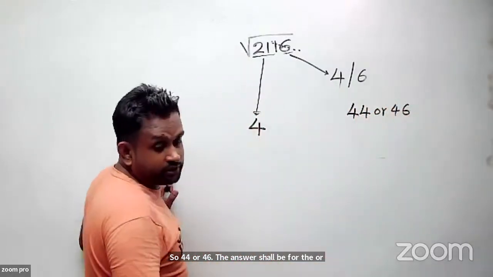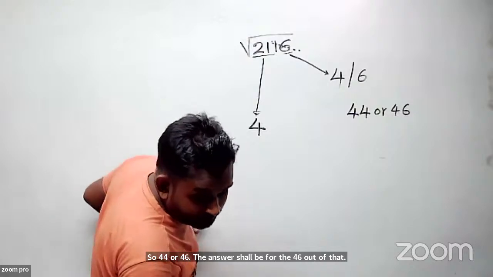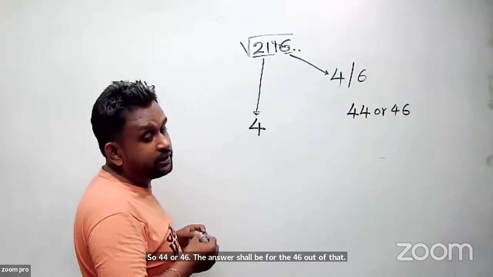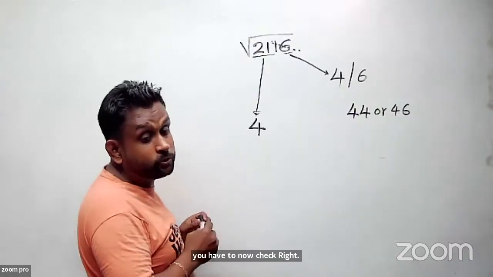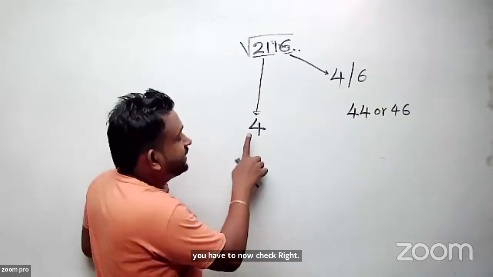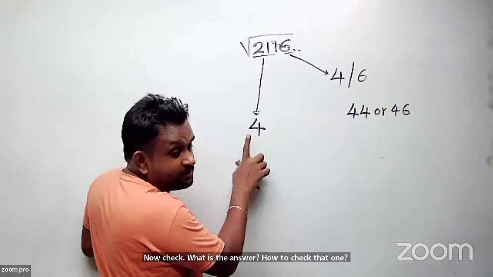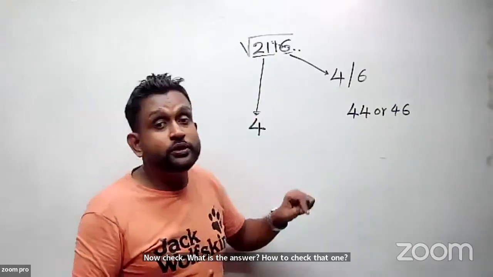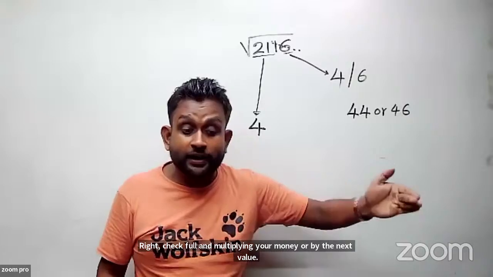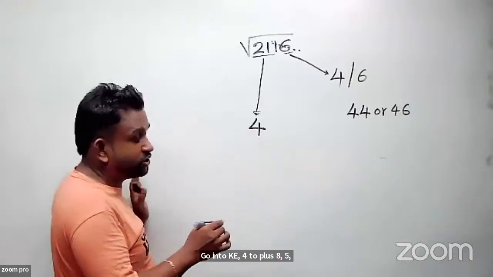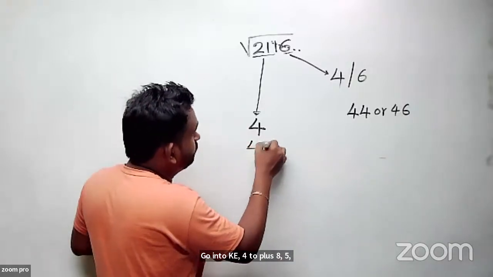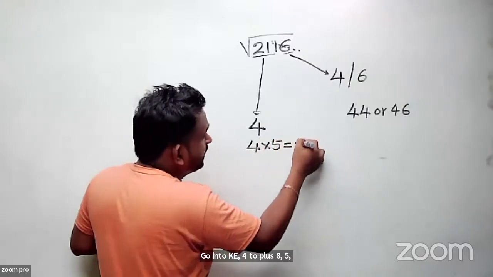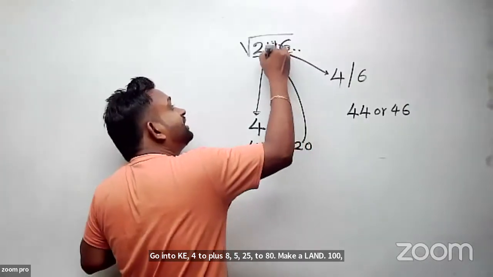Out of that, you have to now check. How to check that one? Check 4 and multiply in your mind 4 by the next value. 4 into 4 to pass is 5. 4 into 5, 20. No need to write it, son, you can do it in your mind. 4 into 5 is 20, and check with 20.